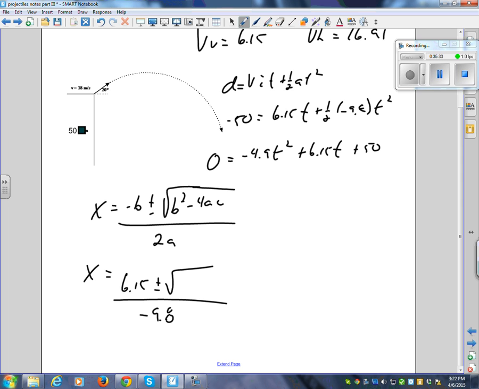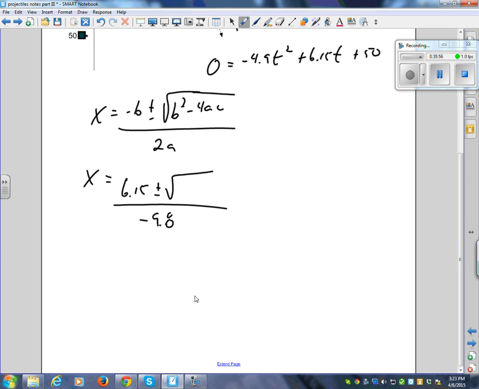6.15 plus or minus the square root of, which is always going to be positive, right? Regardless of what it is. So that's going to be b squared, 6.15 squared. Is there any way that the thing in the square root, you might have to pick positive? Yes, it could be. Because say the 50 meters is like a 0.5. I suppose it's possible, right?